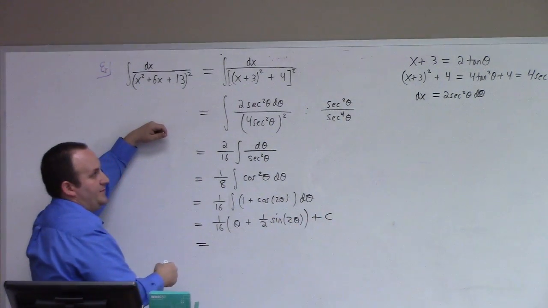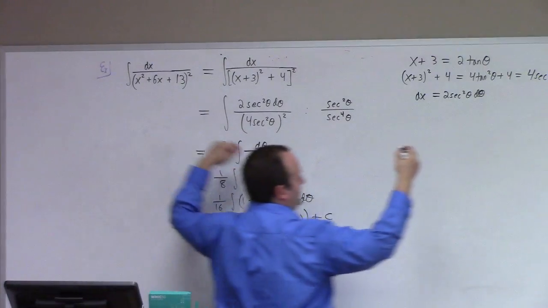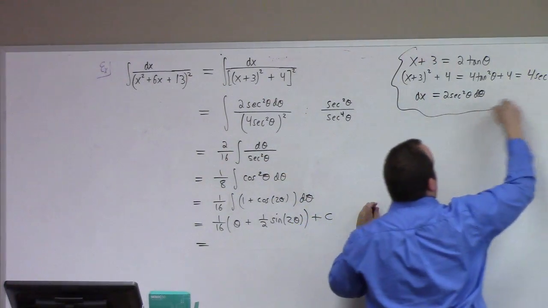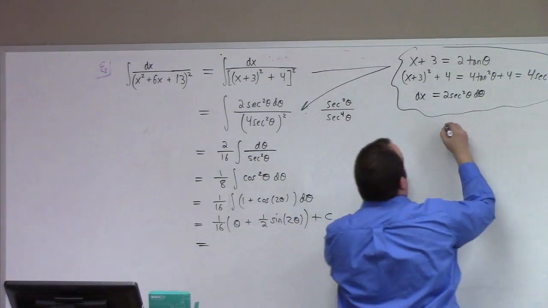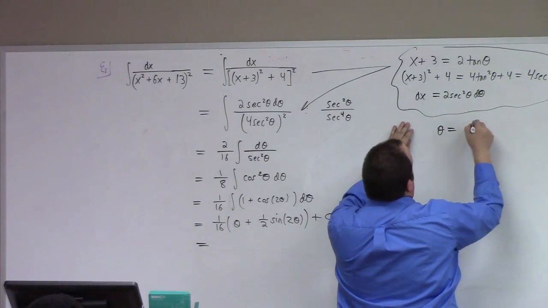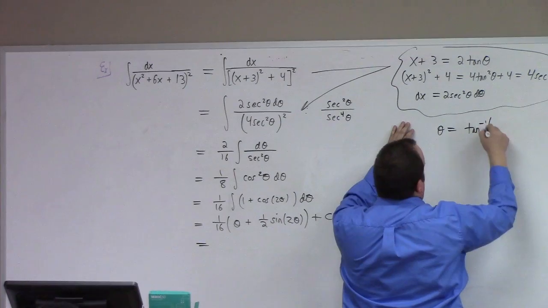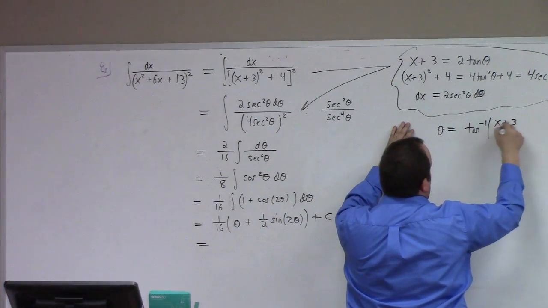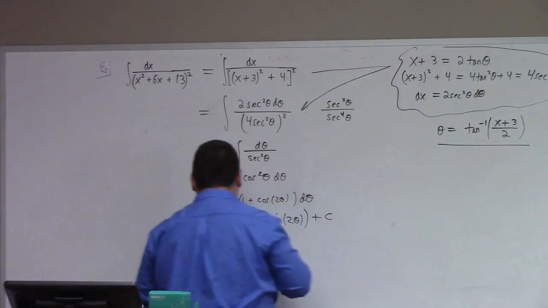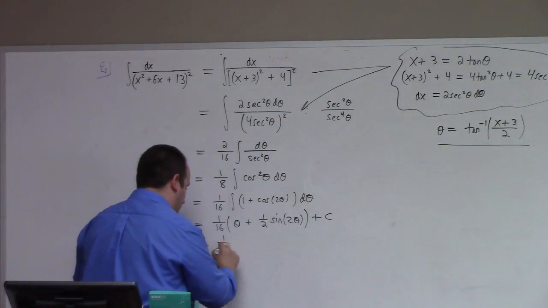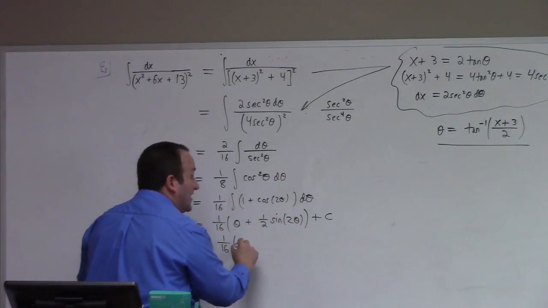And then, of course, you have to unwrap the substitution, right? You go back up to the top where we made the substitution. And this gives us that theta is inverse tangent of x plus 3 over 2. The theta is naked. I don't really have much hope of eliminating the inverse tangent here, so the triangle won't help me much.